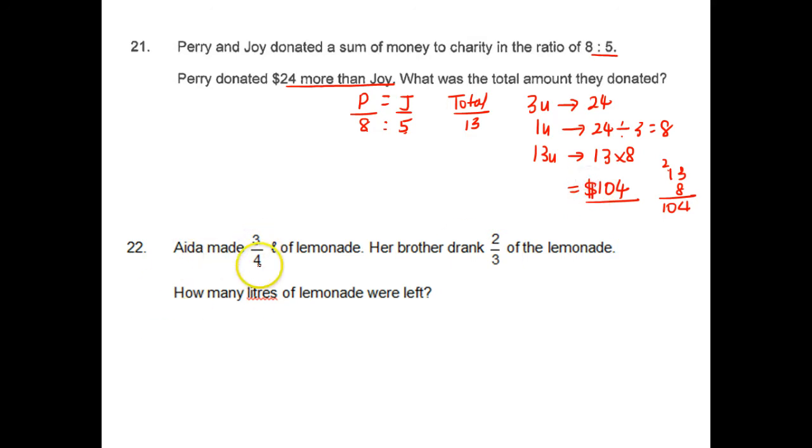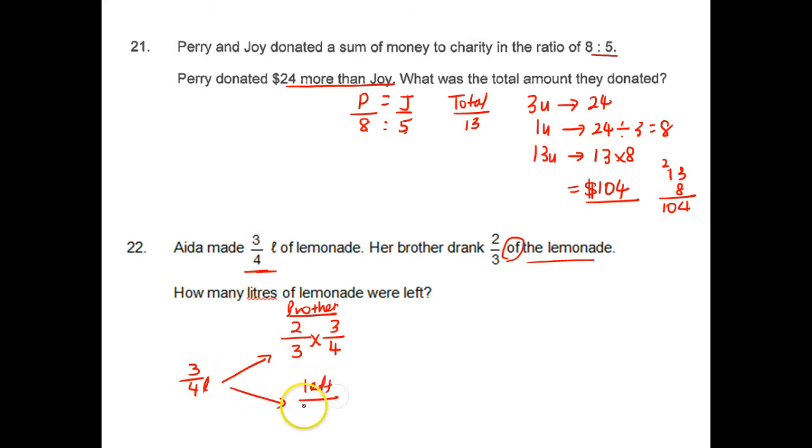Ida made 3/4 liter of lemonade. Her brother drank 2/3 of the lemonade. Of this 3/4. So it's 2/3 times 3/4. That is the brother. At first you have 3/4 liter. The brother drank 2/3 times 3/4.